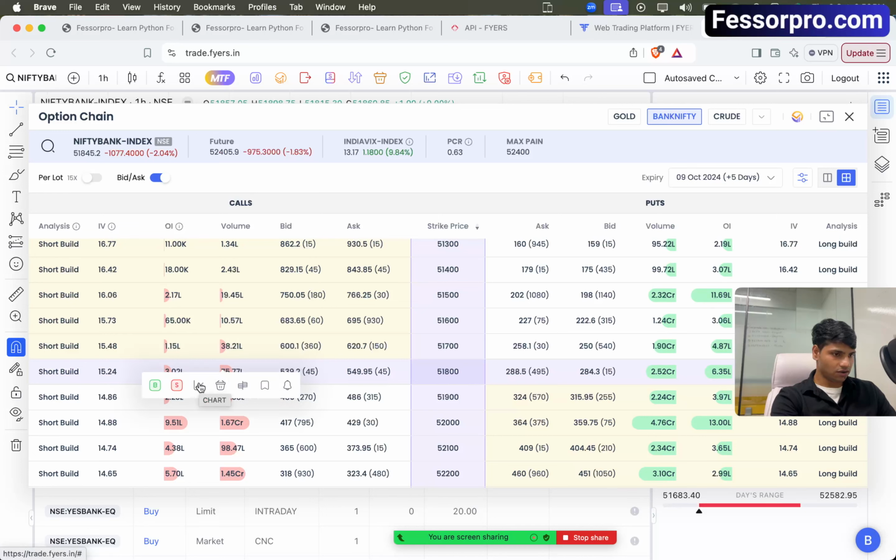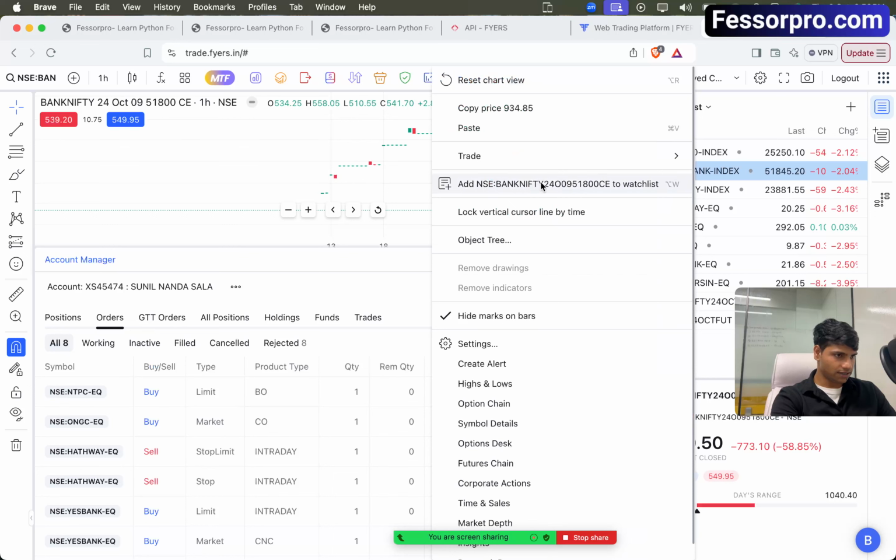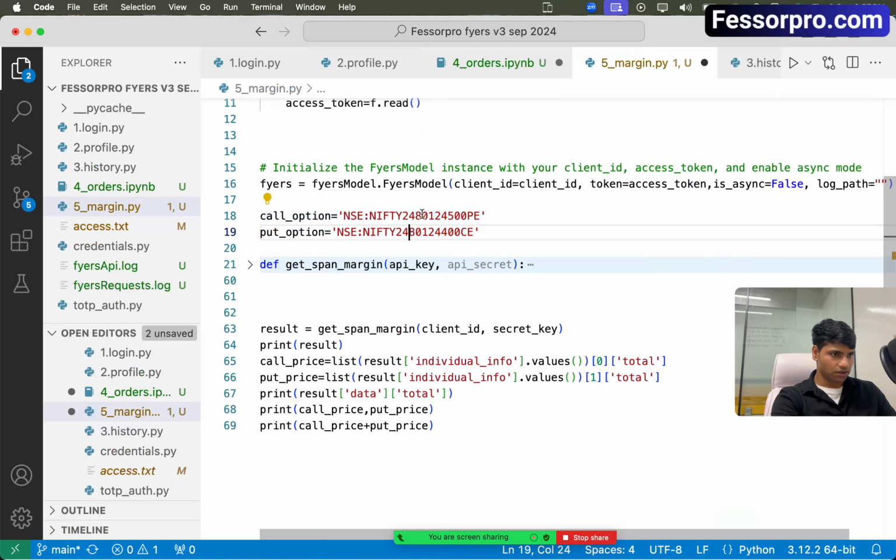Let's say I want to sell a straddle at 51,800. I'll click on this 51,800 strike. This is the call. If I do a right click, this is the symbol name, NSE Bank Nifty 24O09518000C. So I need to copy this. Let's copy it here.